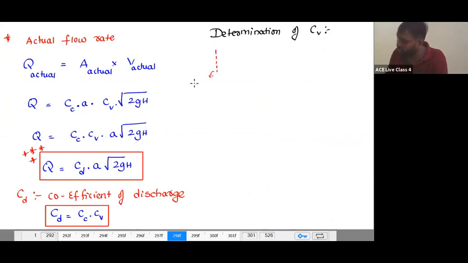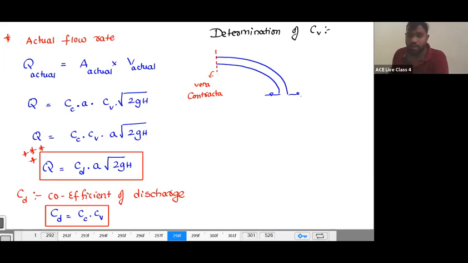Okay. So now you see, this is the vena contracta, and from here the jet emerges out like this. Yes or no?